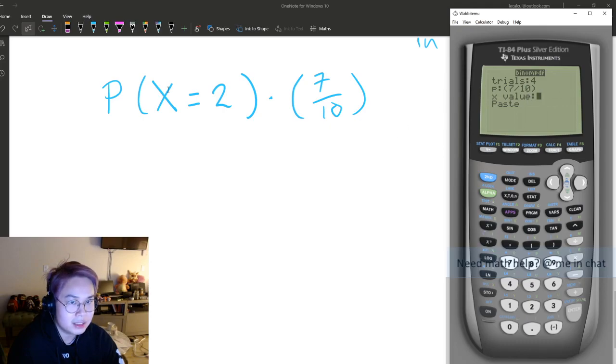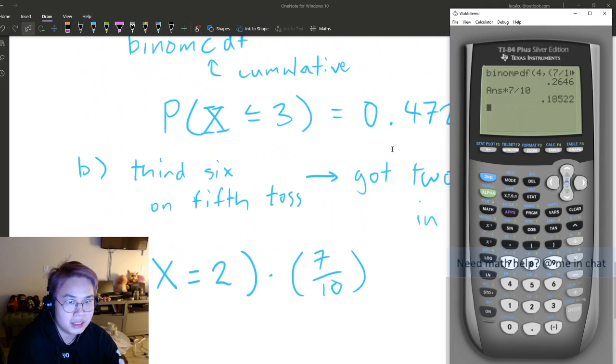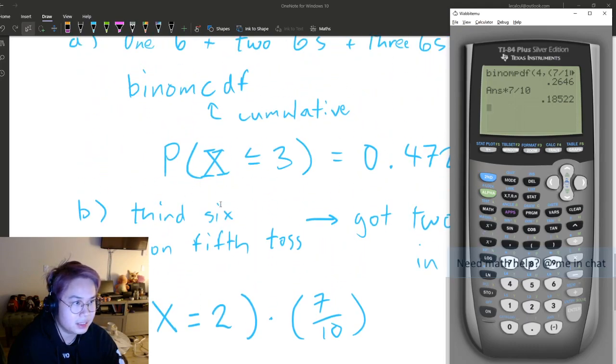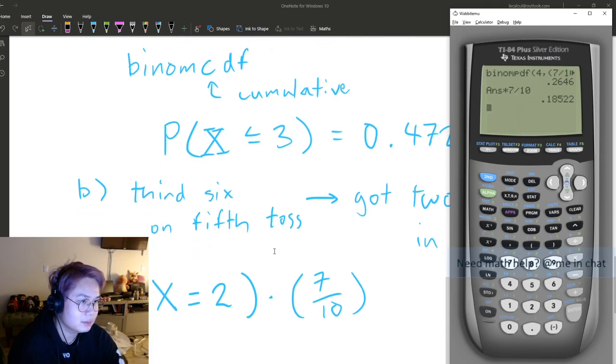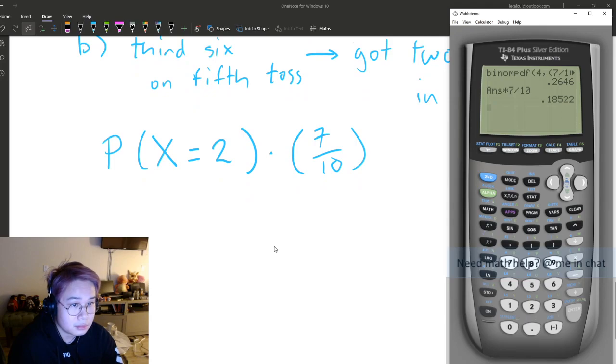And I want 2 successful trials. Press enter. So this is 0.2646, and then I need to multiply this by 7 over 10. So times 7, divide by 10. So here is the probability that you get the third 6 on the 5th toss. So 0.185.